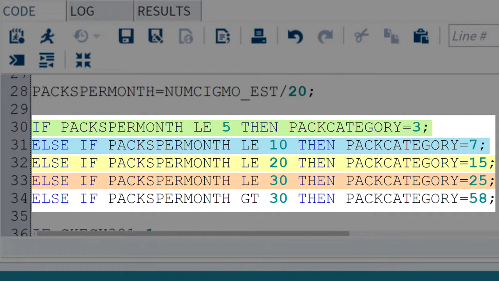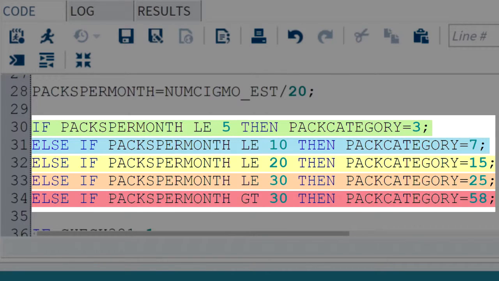Else if packs per month is less than or equal to 30, then pack category equals 25. And finally, else if packs per month is greater than 30, then pack category equals 58. Again, 58, if we examine the frequency distribution, is roughly the quantitative midpoint. Again, and as always, all of these statements are ended with a semicolon.